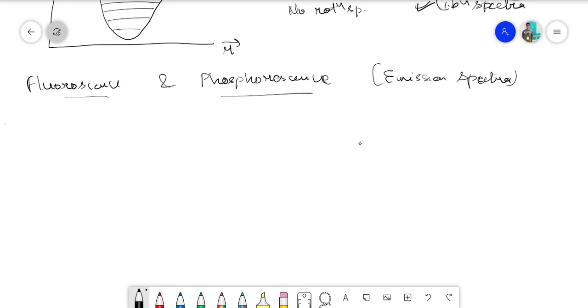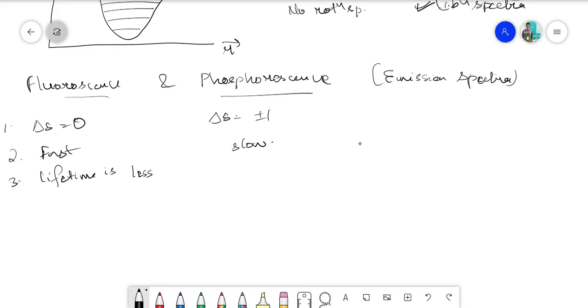So the difference: in fluorescence, delta S is plus minus 1. This is fast as there is no change in spin multiplicity. Phosphorescence is slow because of the change in spin multiplicity. Lifetime is less in fluorescence; in phosphorescence it is more, obviously, since it is slow.